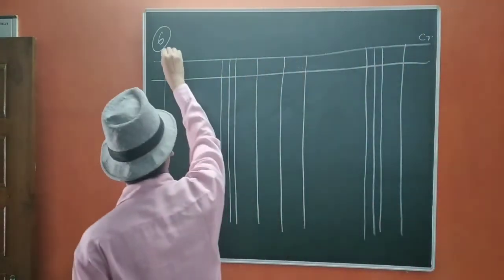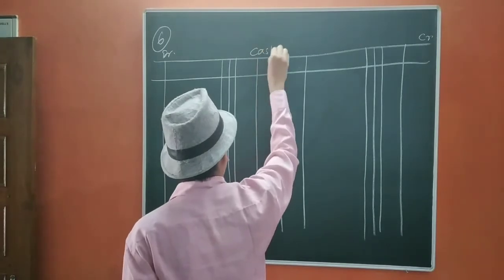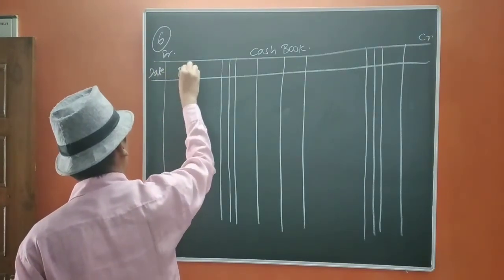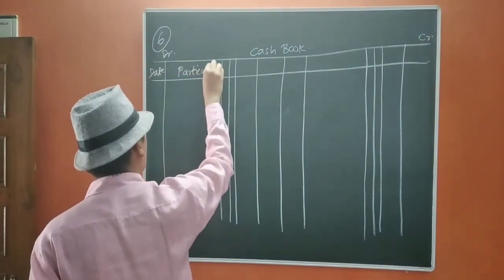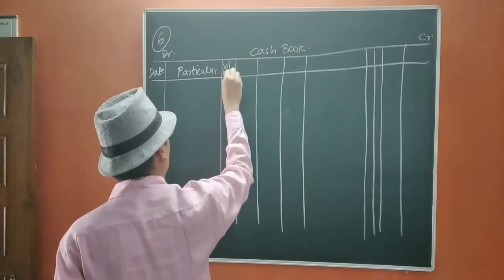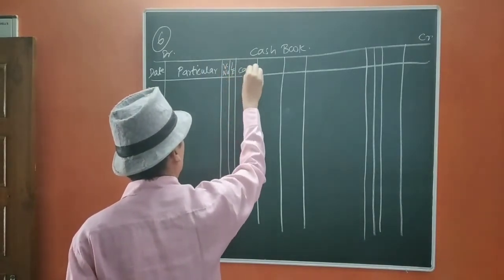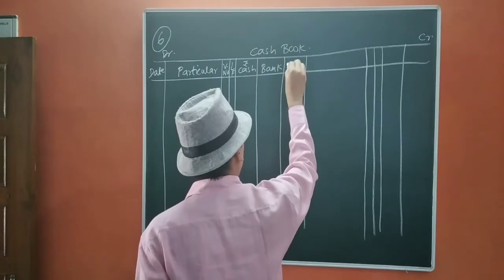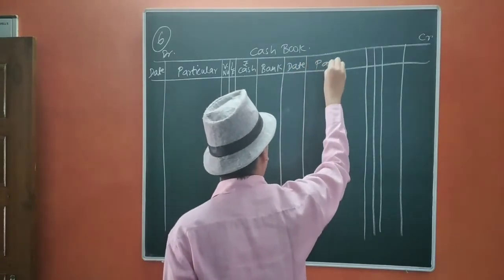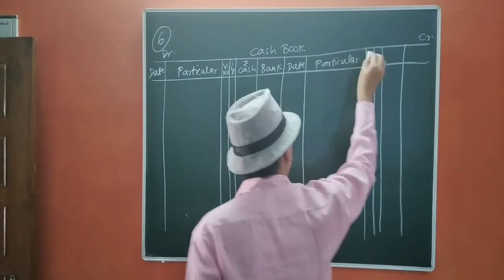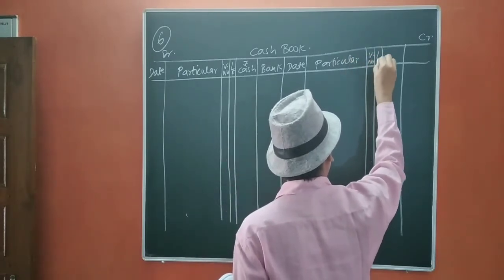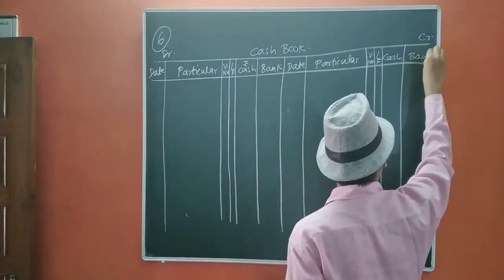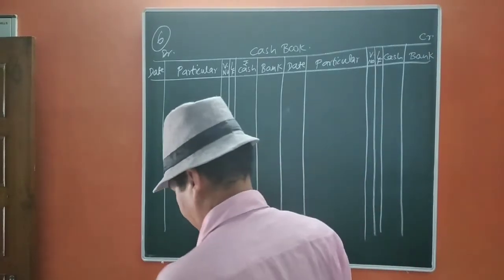Credit, debit, cash book, date, particular, voucher number, ledger folio, cash bank. You can write also amount here. Okay. Date, particular, voucher number, ledger folio, cash bank. Okay, so let us start.